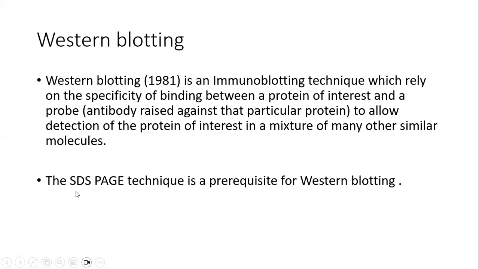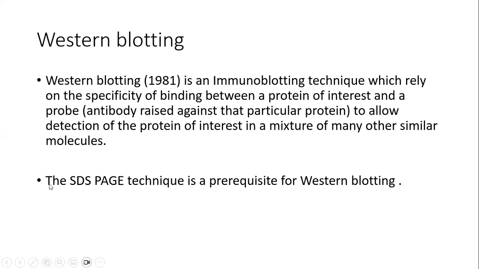So here in this method, we also need to separate our protein fragments. The method that is used for separation of proteins is known as the SDS-PAGE method, which is a prerequisite for the Western blotting technique. So this is another difference. In the other two methods, we make use of agarose gel electrophoresis.